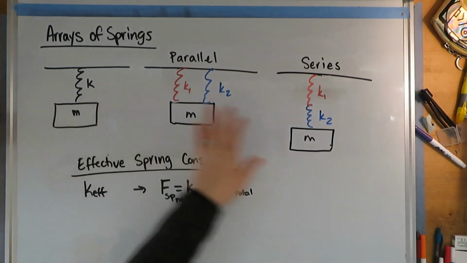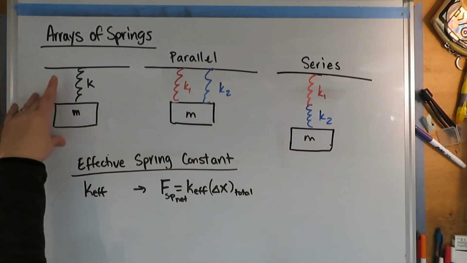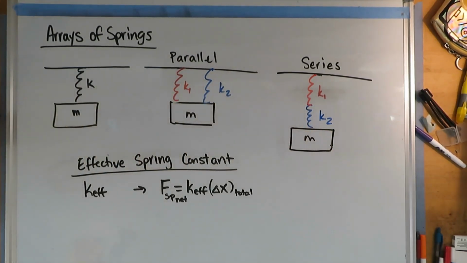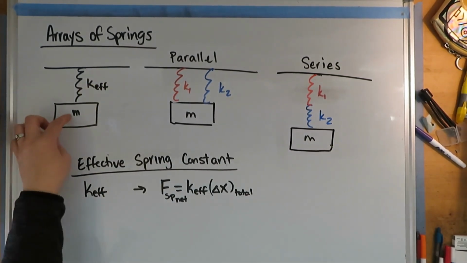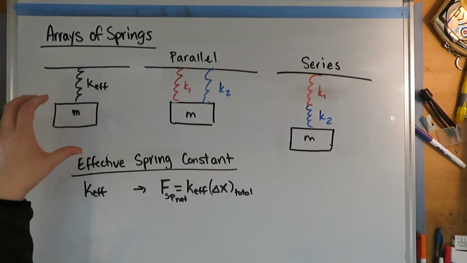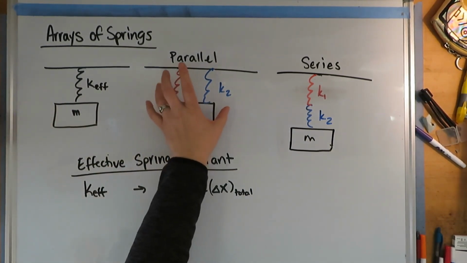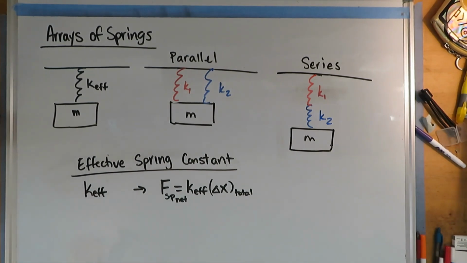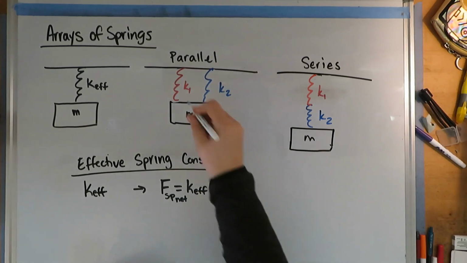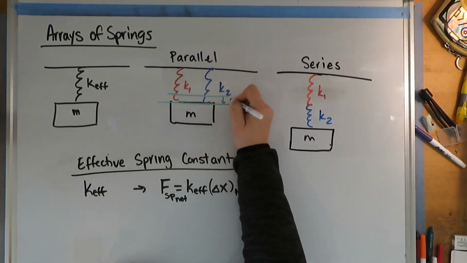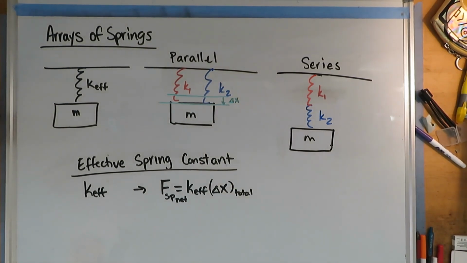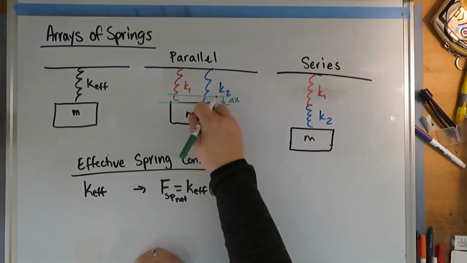So if I'm looking at these different situations, I have a single spring here and these two arrangements. I would call this the K effective, if I could have one spring that I could replace this pair of springs with, so that whatever stretch this block has from its equilibrium state, say its equilibrium state is here, so that there is a delta X here, the net spring force that is felt would be the same.